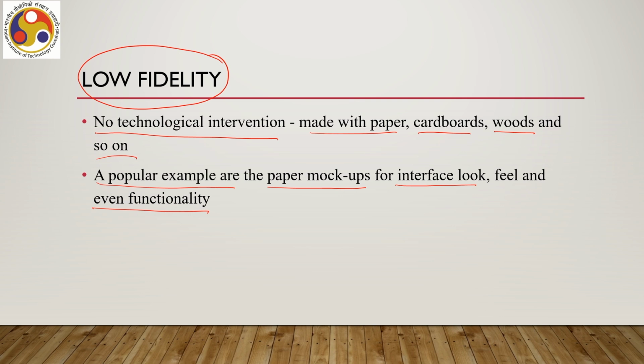However, it is also possible to implement vertical prototyping using low fidelity approach. Clearly, this approach provides a very quick and cheap way to make and modify the prototypes as compared to something which requires coding and computers.